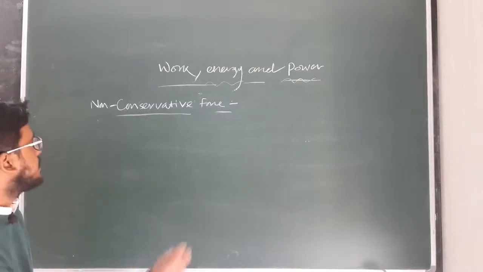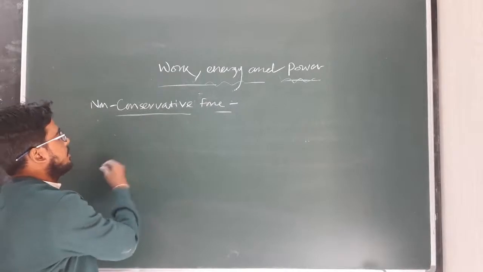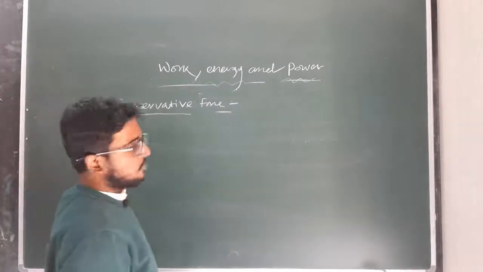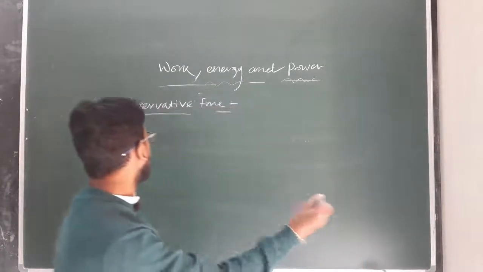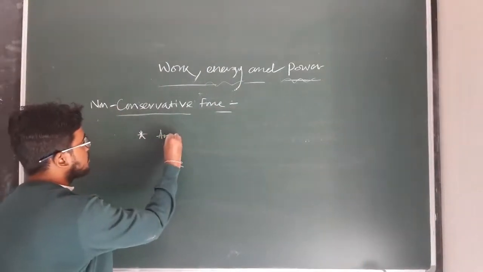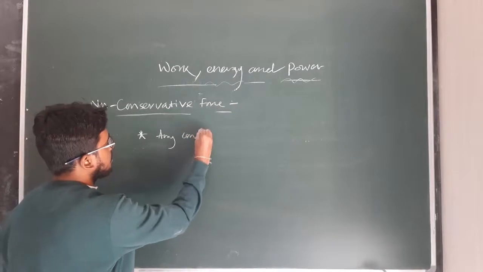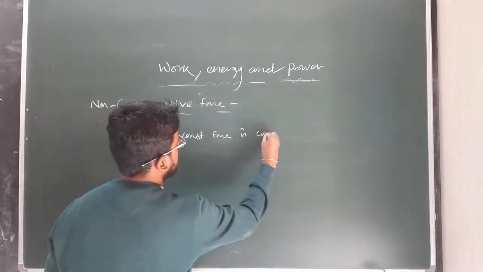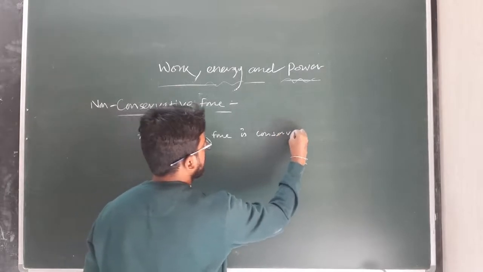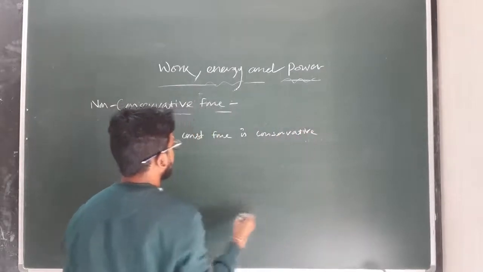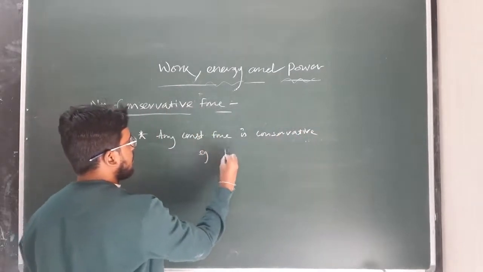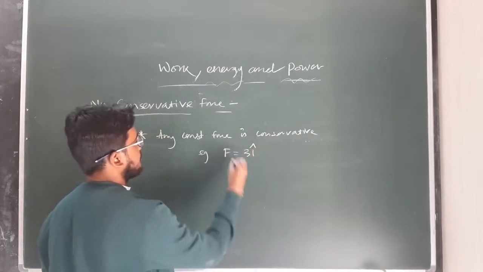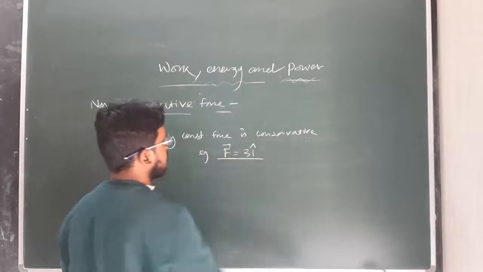So if a force is given, how to check whether a given force is conservative or non-conservative? So any constant force is conservative. Example, if F is given as 3 i cap, this is a constant force.